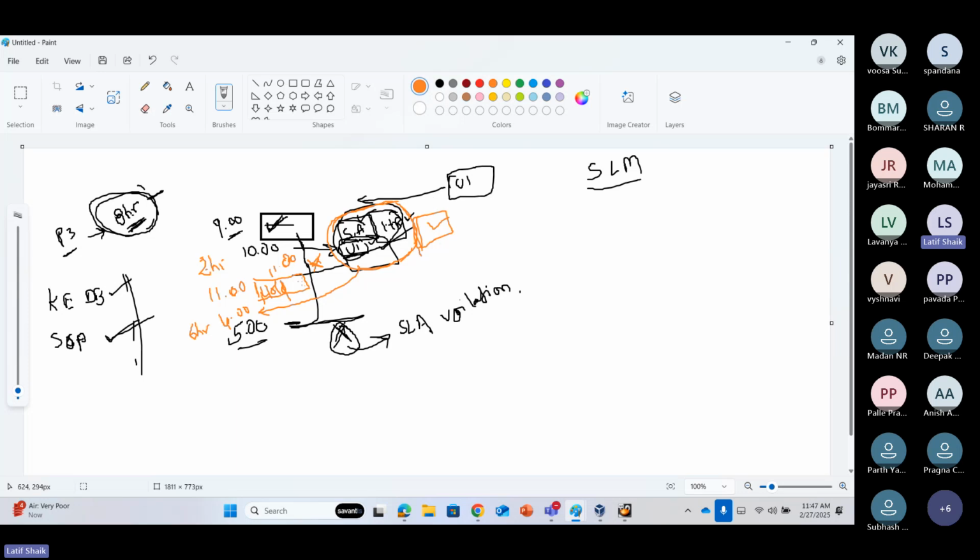You resume the ticket, you get 6 hours, and you can start working on it. By 6 or 7 o'clock, the issue is resolved. So there is no SLA violation here. Guys, do you understand the process? SLA violation, holding the ticket.